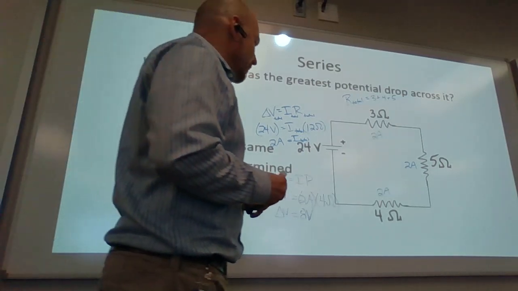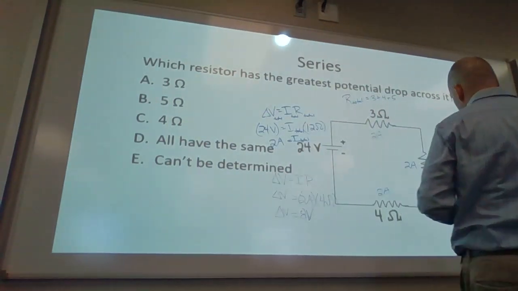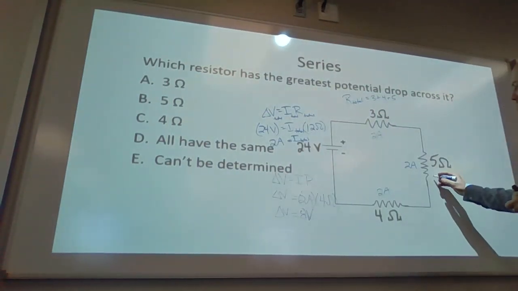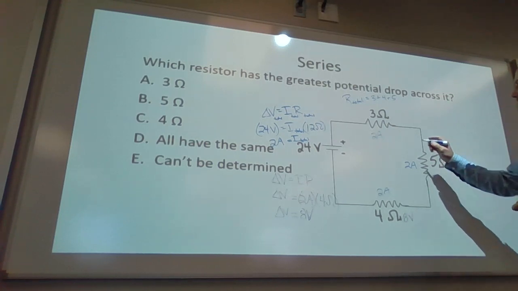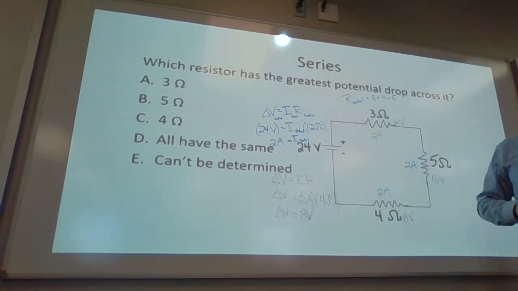Looking at Ohm's law, we know this was 8 volts here, this is 10 volts here, and this was 6 volts here using Ohm's law. How we doing? Making sense?